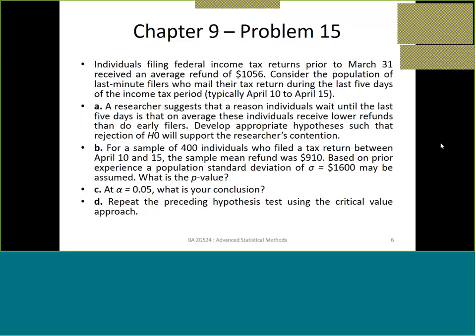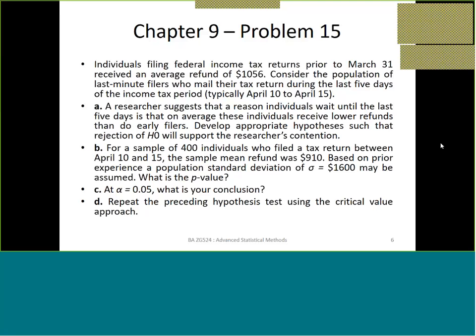Develop appropriate hypotheses such that rejection of H0 will support the researcher's contention. For a sample of 400 individuals who filed a tax return between April 10 and 15, the sample mean refund was $910. Based on prior experience, a population standard deviation of $1,600 may be assumed. What is the p-value? At alpha equal to 0.05, what is your conclusion? And repeat the preceding hypothesis test using the critical value approach.